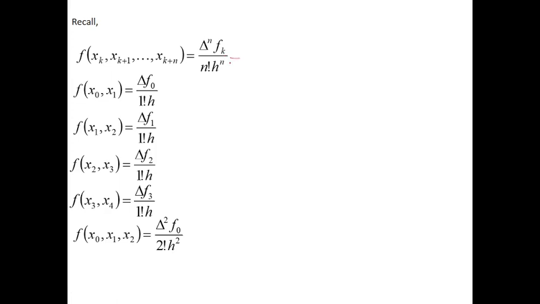So, kung tatlo na siya, we start with 0. F of x sub 0. So, k is 0, no? K is 0. So, k is 0, x sub 0, x sub 1, hanggang umabot ka ng x sub n.